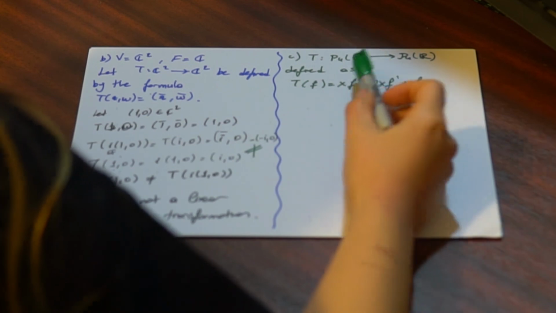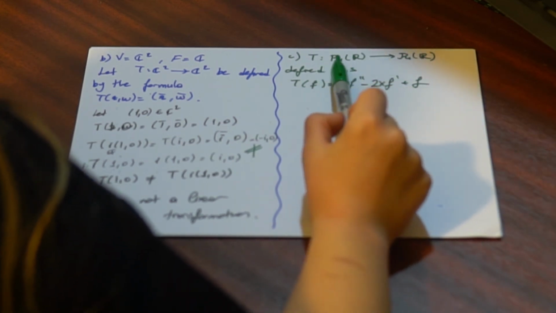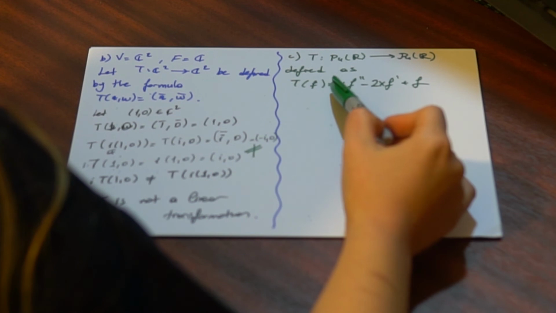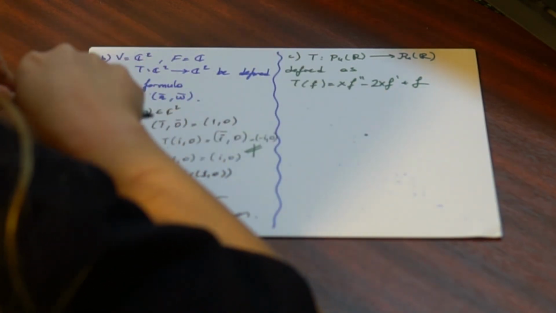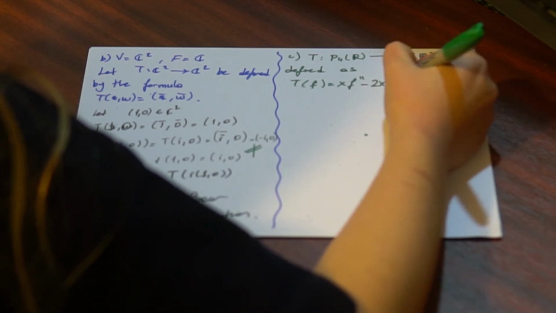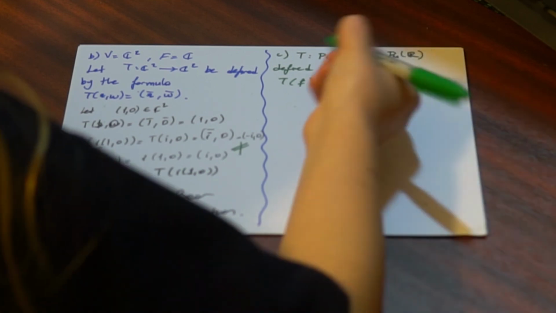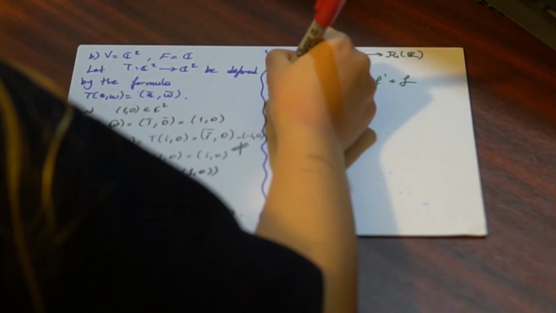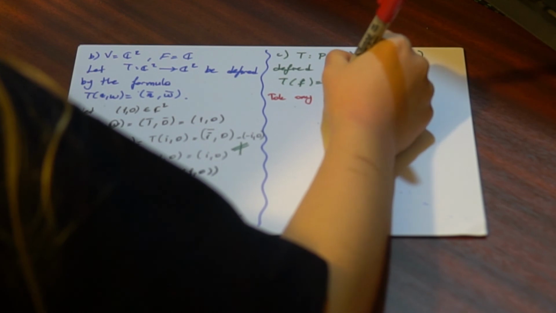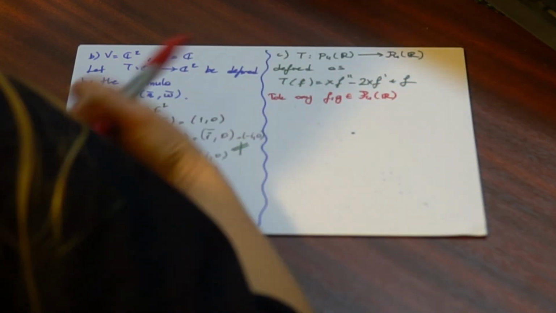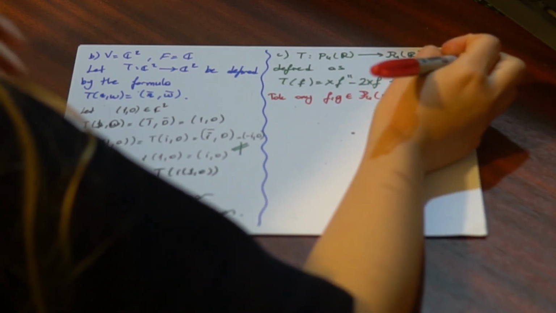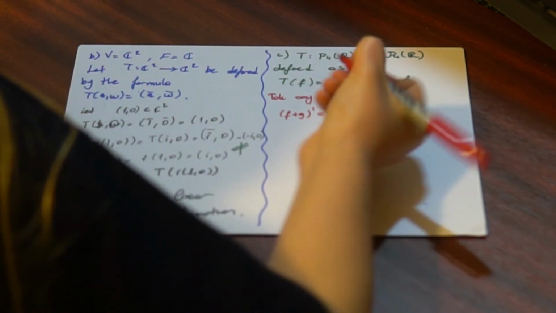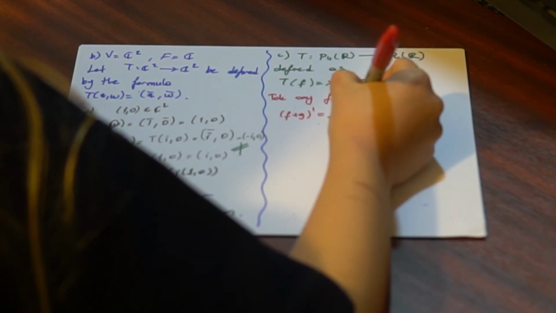Now part C is the operation from the polynomials of degree at most 4 to the polynomials of degree at most 4 given by T of f equals x times the second derivative of f, minus 2x times the first derivative of f, plus f. Let's take any f and g in P4 of R. Let's look at the first derivative of f plus g, which is the derivative of f plus the derivative of g.